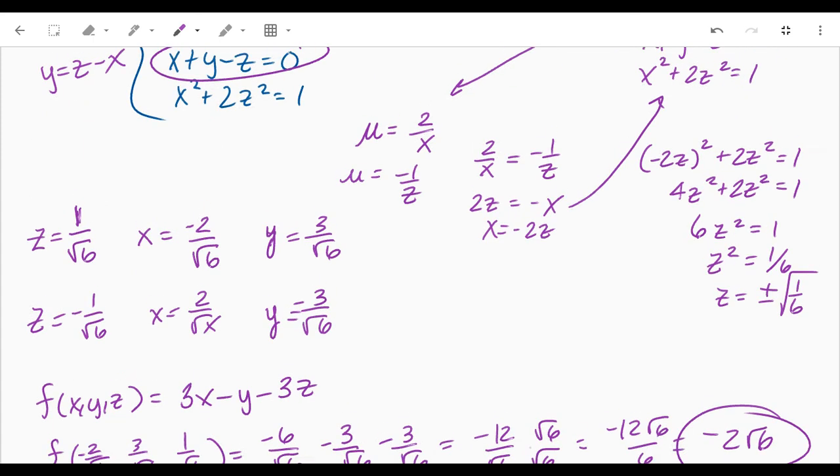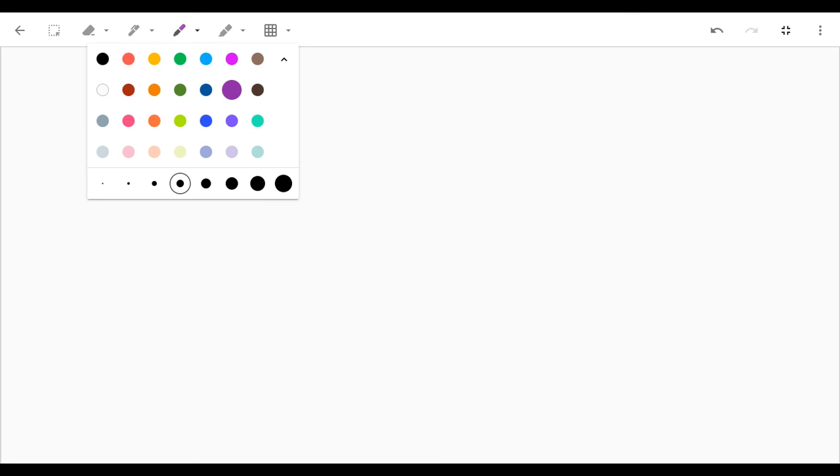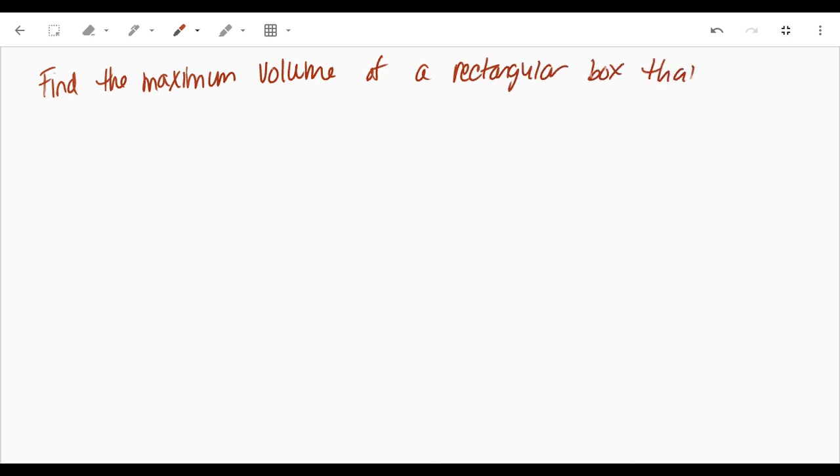All right, and we've got one more that I told you that we were going to do. So in the 11.7 video, we had: find the maximum volume of a rectangular box that is inscribed in a sphere of radius r.